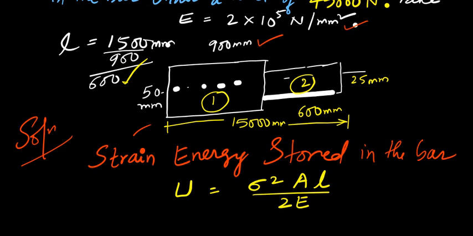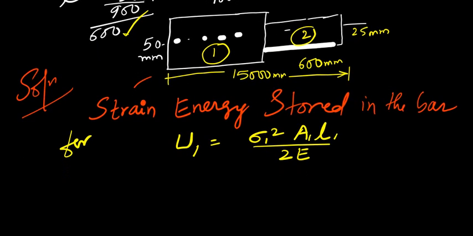Now we have two elements, so you have to add element 1 plus element 2. Assembling element 1 and element 2, you get the total strain energy. For element 1, U1 is sigma 1 square A1 L1 by 2E, and similarly for element 2, U2 is sigma 2 square A2 L2 by 2E.